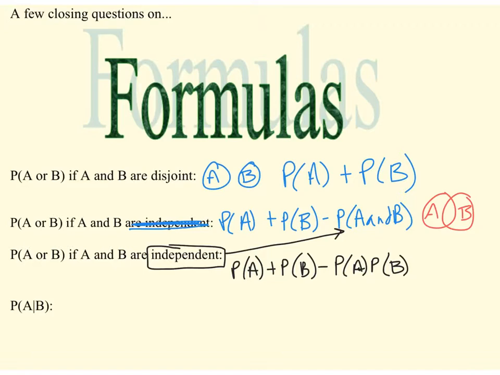Again, I just want to highlight that independence gives us the ability to say these things are equivalent: that the probability of A times the probability of B is equal to the probability of A and B. And finally, the probability of A given B, remember this formula, is A and B divided by the probability of B.